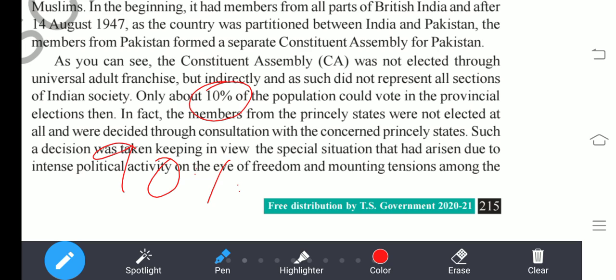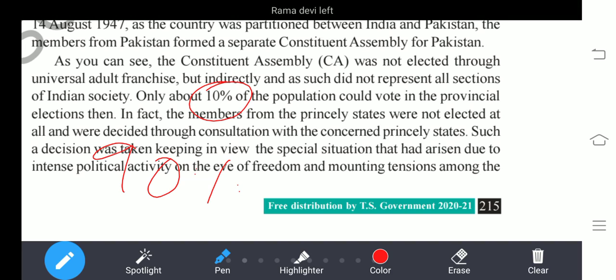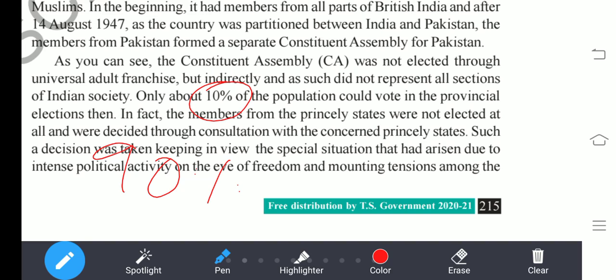In this indirect election also, the members of the provincial assemblies were not elected by the total population. Only 10 percent of the population was given the right to vote. That is what we call universal adult franchise, nothing but the right to vote. So the right to vote was not given to all the people.